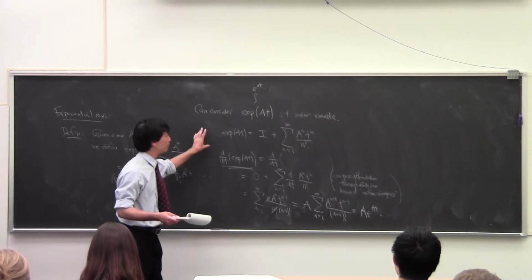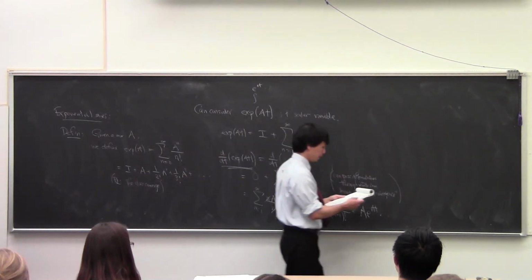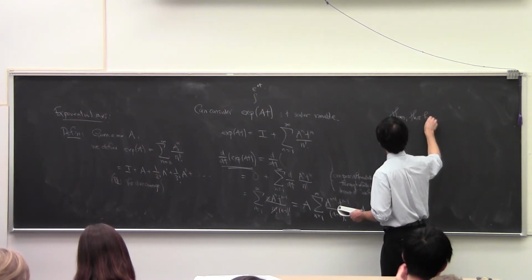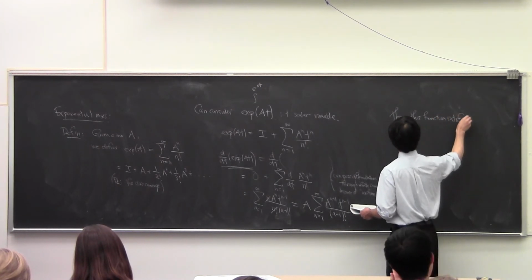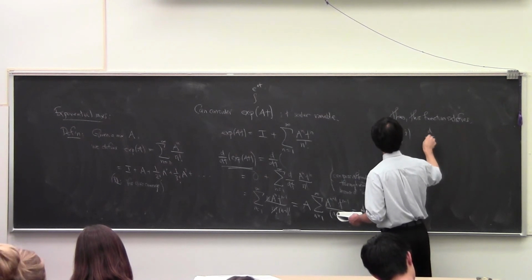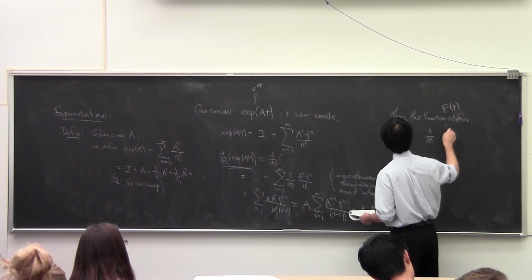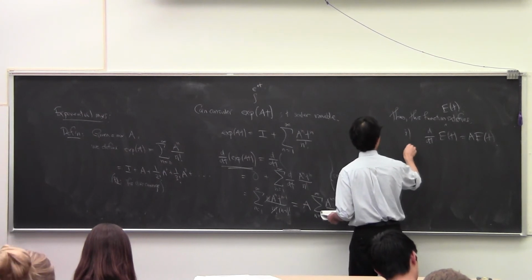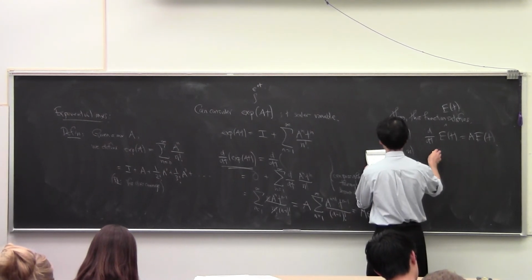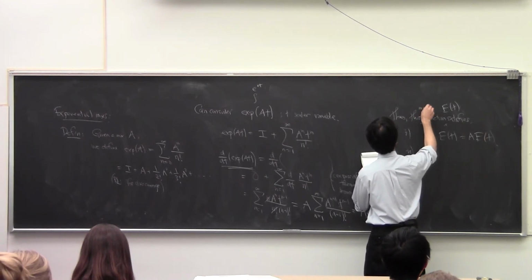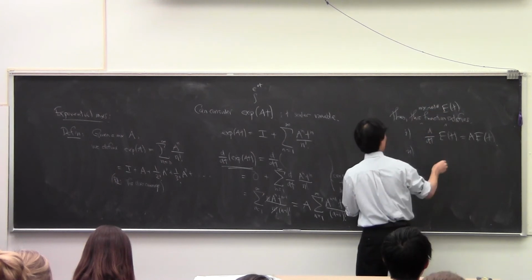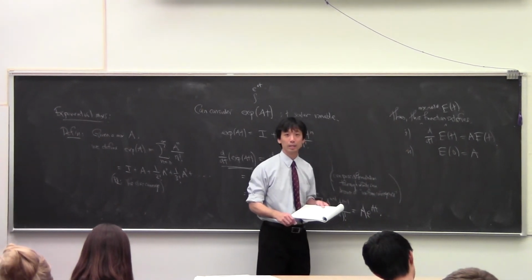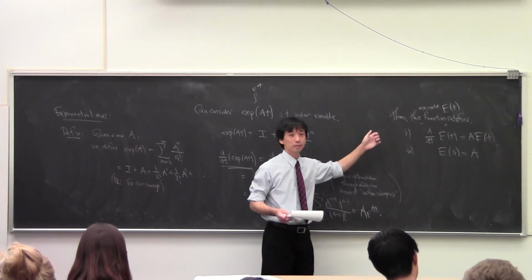Okay. So what do we see about this thing? Well, we see that this function satisfies, one, that its derivative, let's call this function E, is A E, and two, this matrix valued function E times 0 is I. And so what is this?